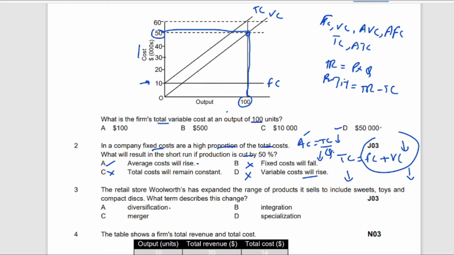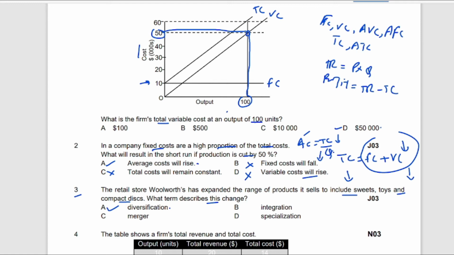And question number 3: the retail store Woolworths has expanded the range of products it sells to include sweets, toys, and compact discs. What term describes this change? Whenever a business is focusing on many products, it is producing many products, it is called diversification.